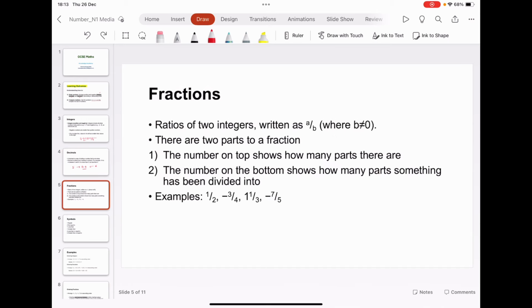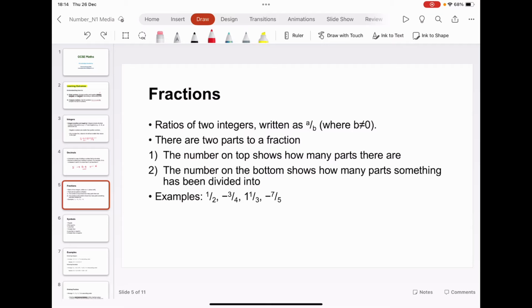Another type of numbers are fractions. What are fractions? Fractions are ratios of two integers written as a over b or a divided by b, where a or b can be any whole number but b cannot be 0. Fractions have two parts, the top number and the bottom number.